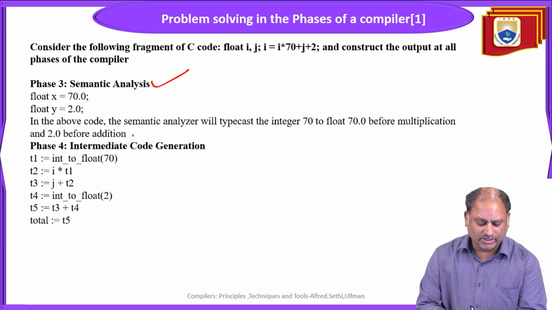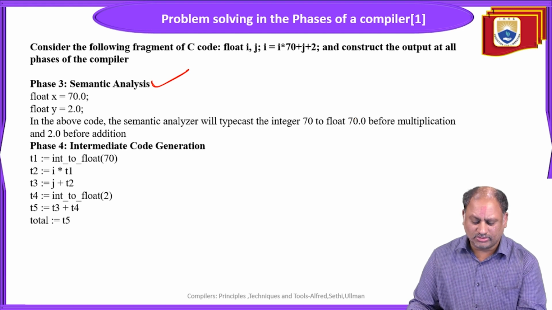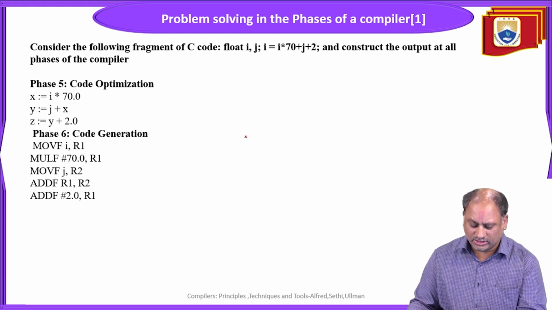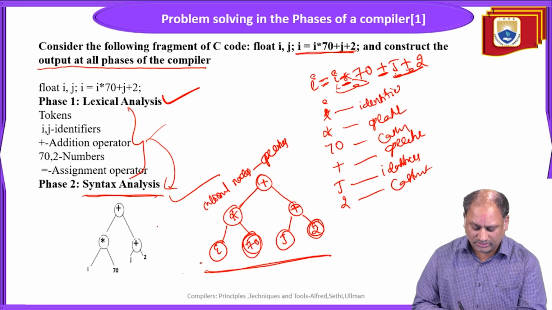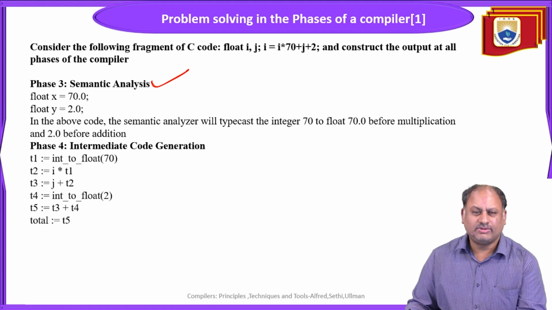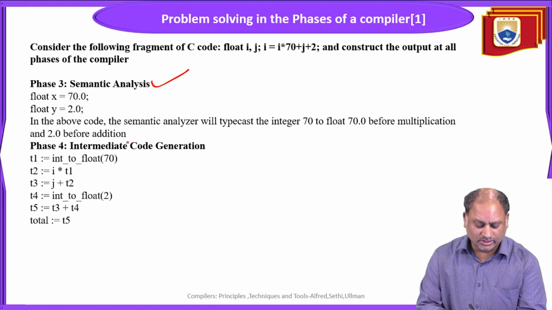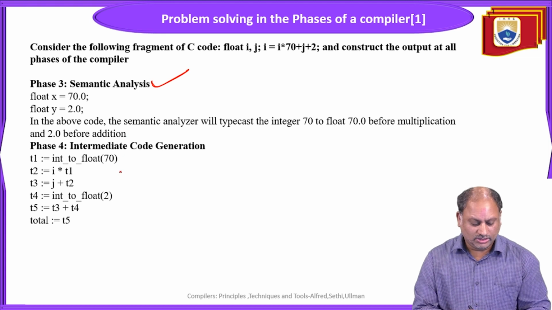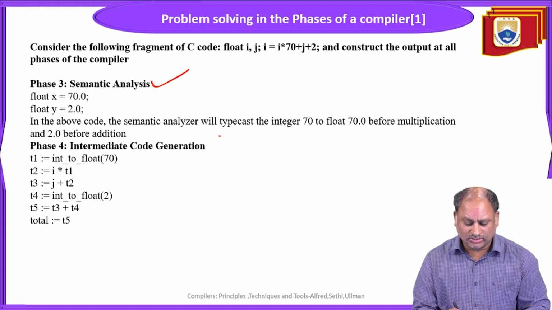So 70 and 2 are considered as float. Since i and j are given as float numbers, 70 is to be considered as the float number 70.0, and 2 is considered as 2.0. Here it will determine the float of 70 and the float of 2, and that output is sent to the next phase.